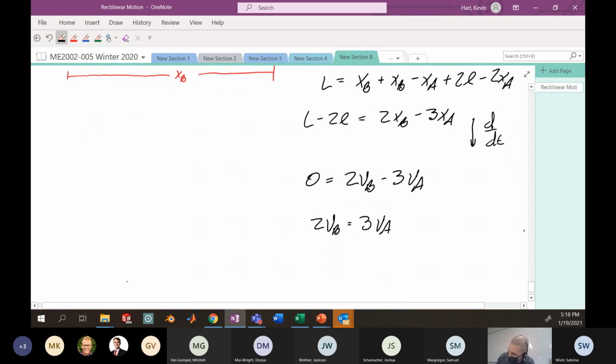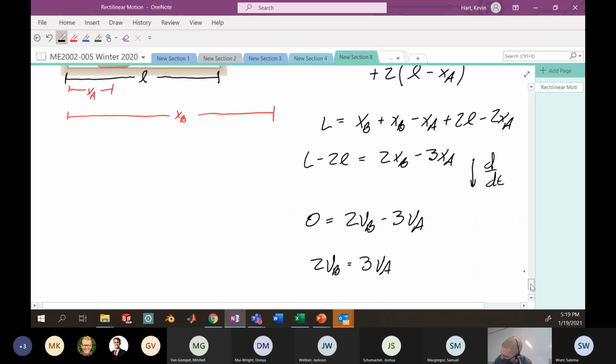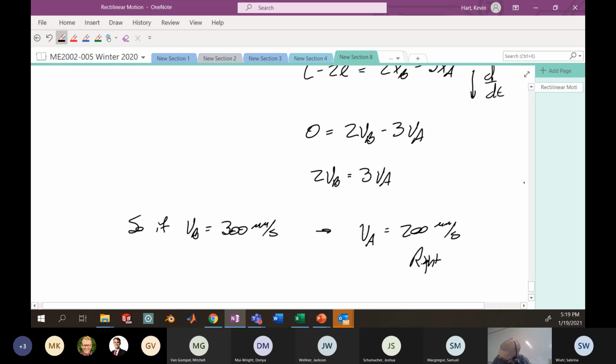So to round out part A, we're given not the velocity of A, but the velocity of B in the problem. So if the velocity of B is given as a constant 300 millimeters per second to the right, we'll take it as a positive value. That means that the velocity of block A is going to be 200 millimeters per second.